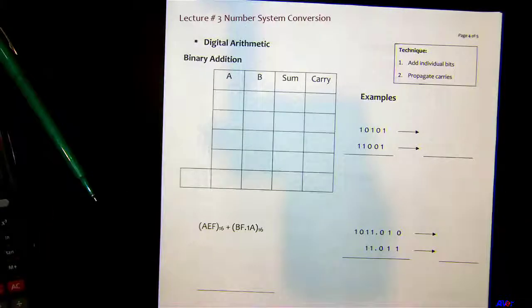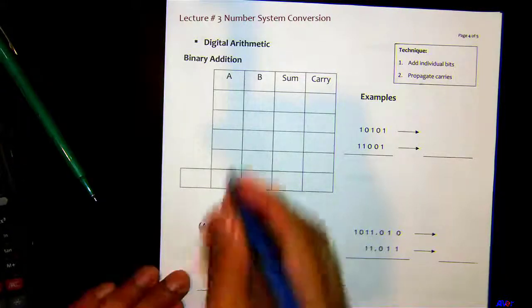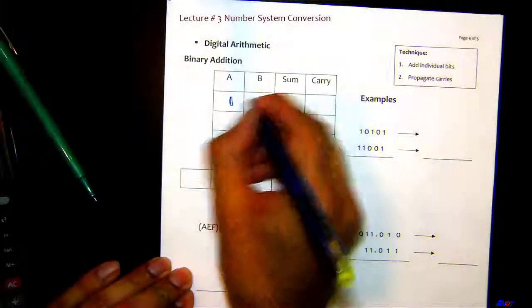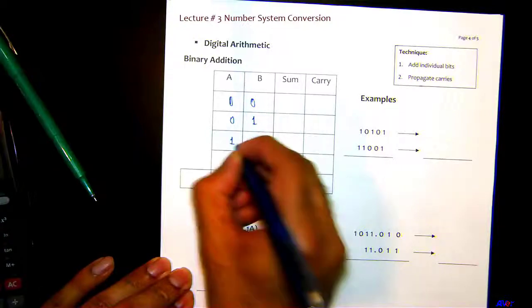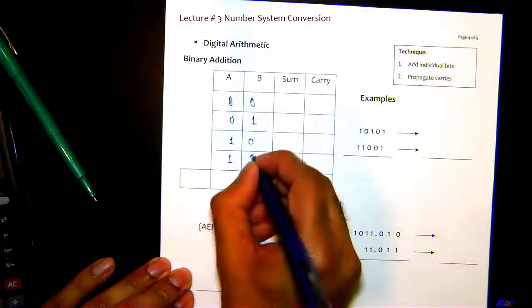We are moving to digital arithmetic. We're going to do some binary addition, multiplication, and subtraction also. So we've got 2 bits, A and B. So 4 possible combinations: 00, 01, 10, 11.